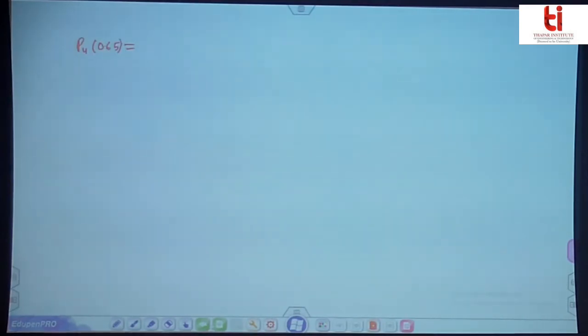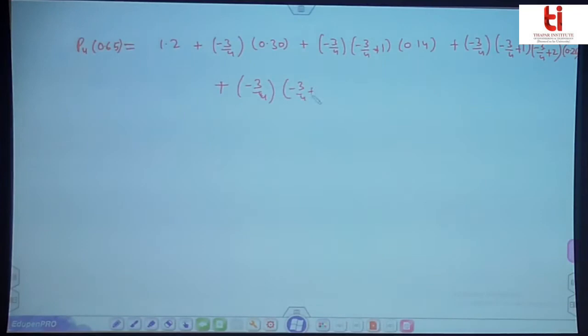So the value of the function is 1.2 plus minus 3/4 times 0.30, plus minus 3/4 times (minus 3/4 plus 1) times 0.14, plus minus 3/4 times (minus 3/4 plus 1) times (minus 3/4 plus 2) times 0.26, plus minus 3/4 times (minus 3/4 plus 1) times (minus 3/4 plus 2) times (minus 3/4 plus 3) times 0.32.